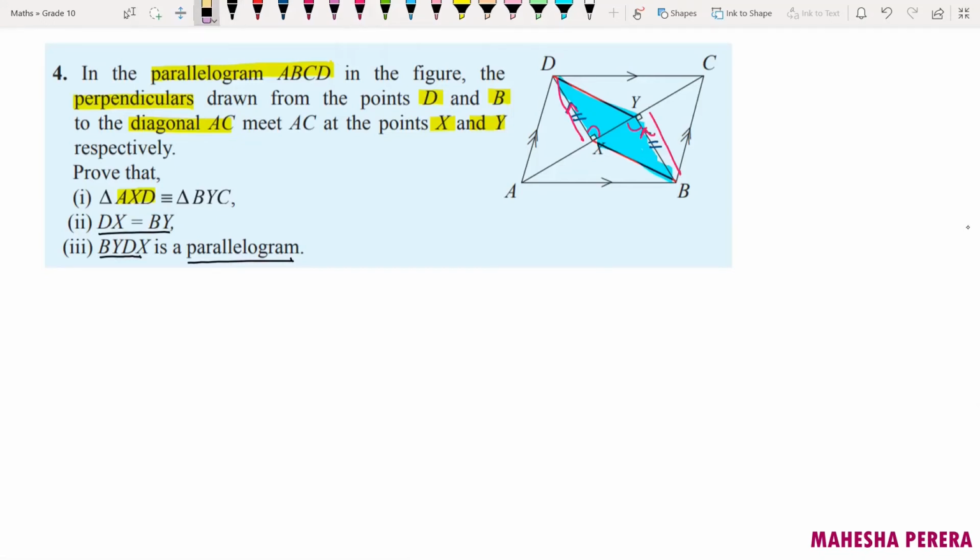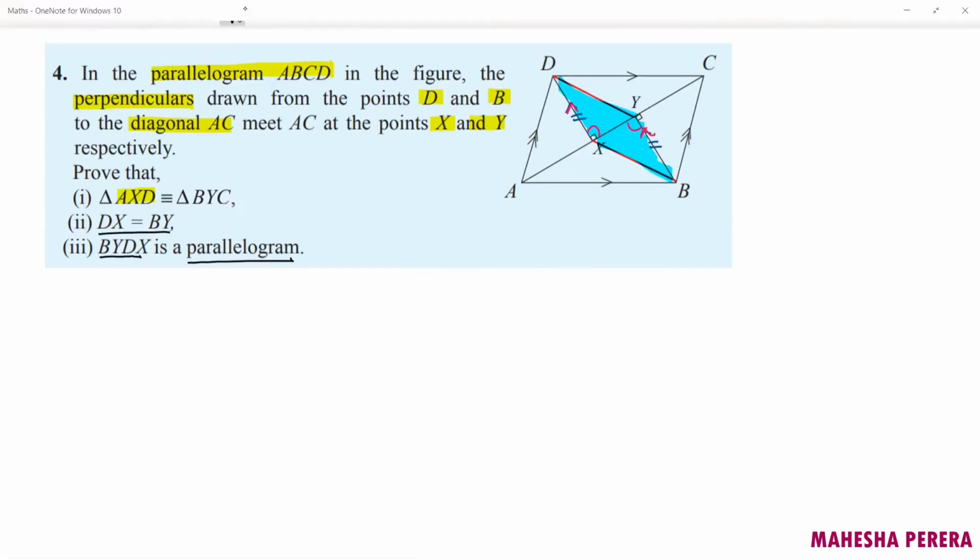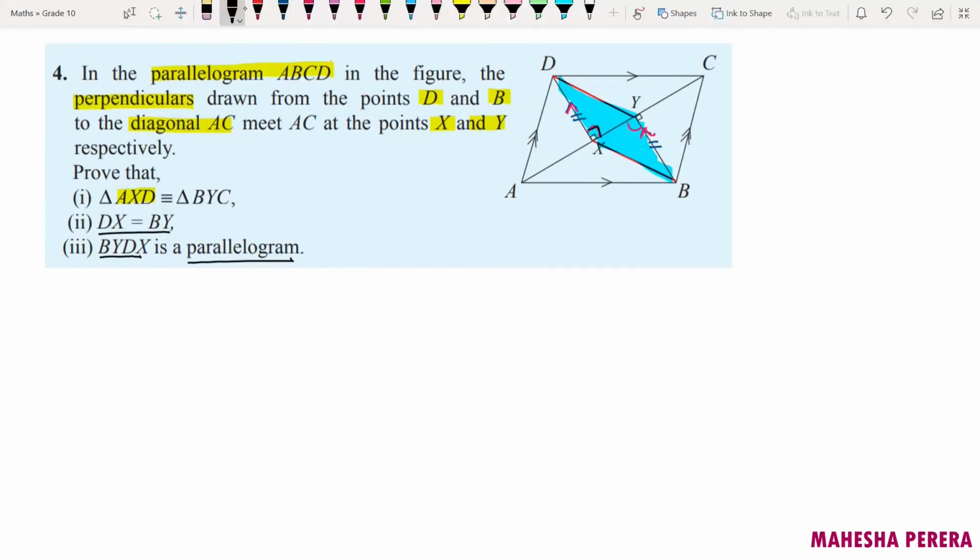So seriously, are these angles equal? Let's find out. Now, we know that this angle is 90 degrees, right? And also, can you see this angle also is 90 degrees? Why? Here is 90, then the other side should definitely be 90 degrees. So obviously, these two angles are equal and they are alternate angles.